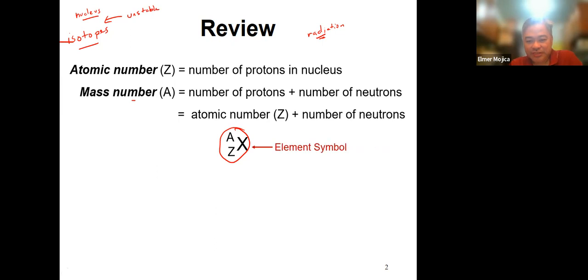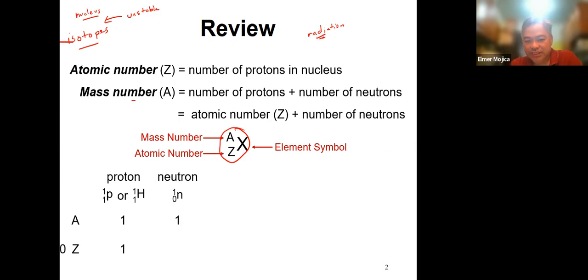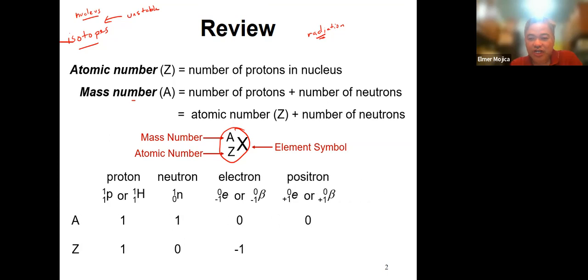So maybe I'll include here all the subatomic particles, and then we will go on to the ones that we could say are radioactive particles. So we have the proton. If we look at the proton, it has a mass number equal to 1 and an atomic number equal to 1. A classic example of the proton is the hydrogen atom.